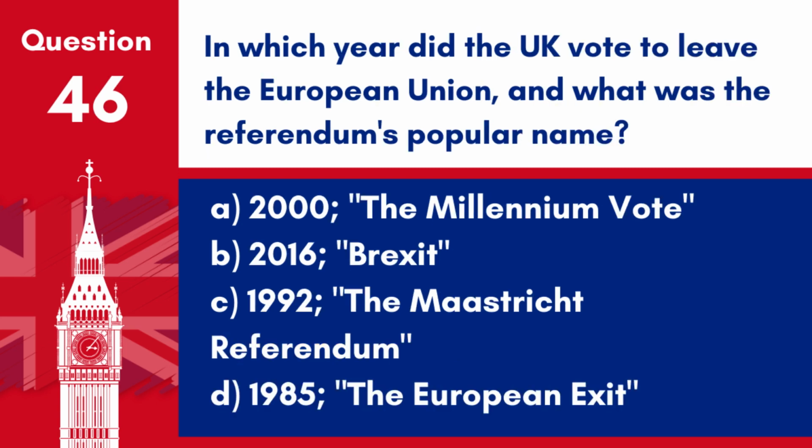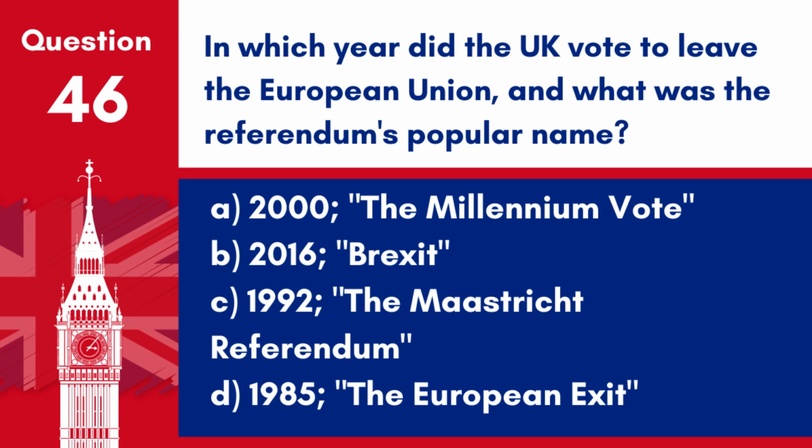Question 46. In which year did the UK vote to leave the European Union, and what was the referendum's popular name? A. 2000, The Millennium Vote. B. 2016, Brexit. C. 1992, The Maastricht Referendum.